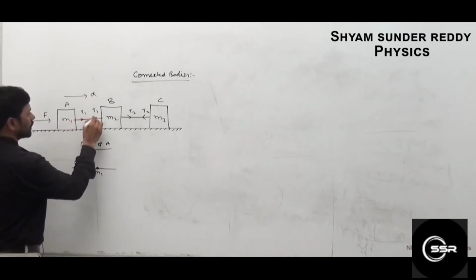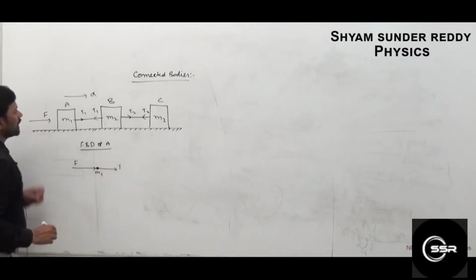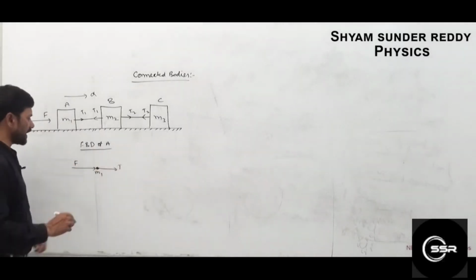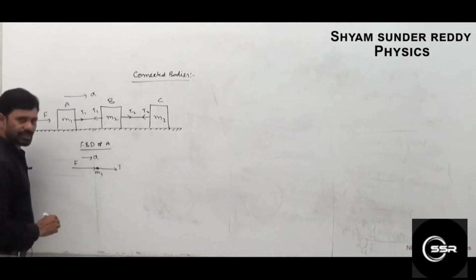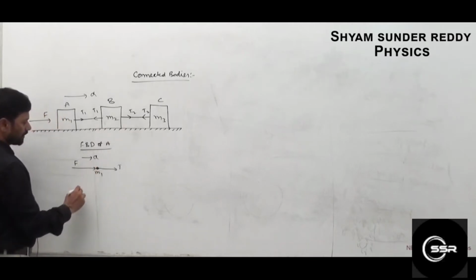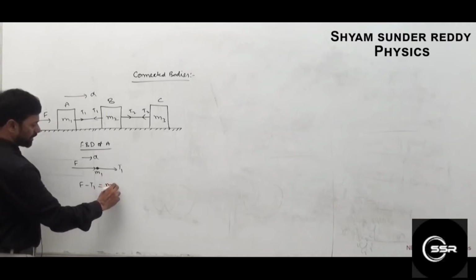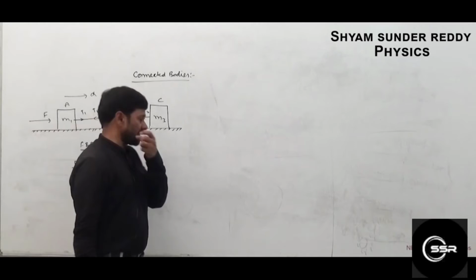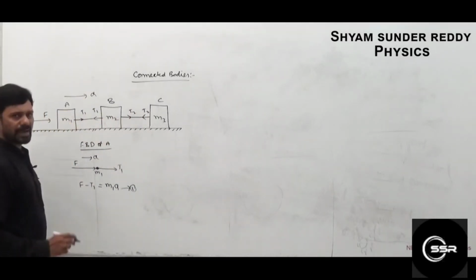Here it is tension T1. It is moving in the forward direction, that's why applied force is more, tension is less, and this is the acceleration direction. So what can we write? F minus T1 is equal to M1A. This is equation number 1, FBD of M1, FBD of A block.